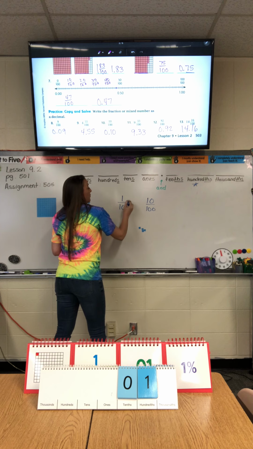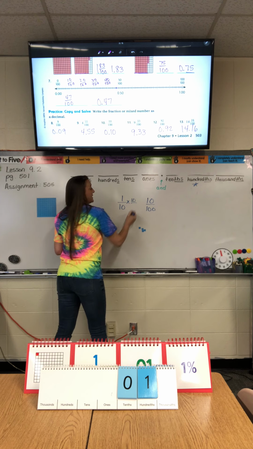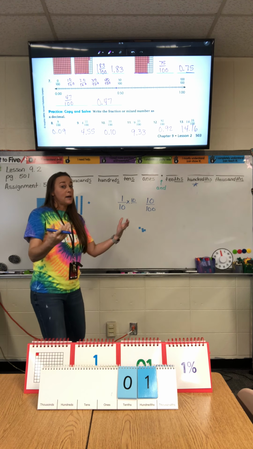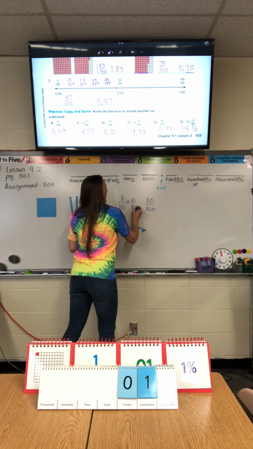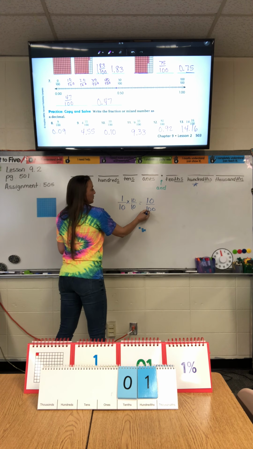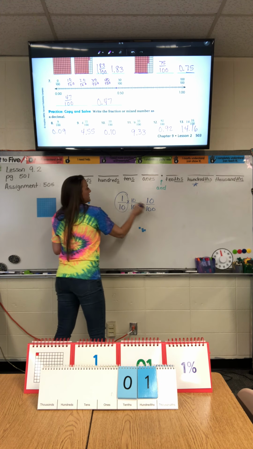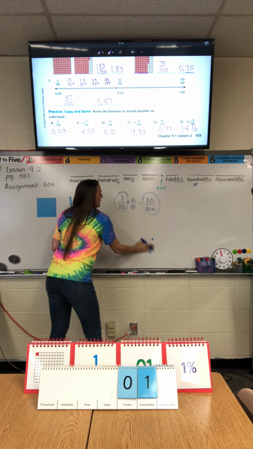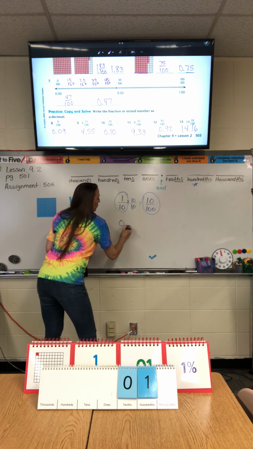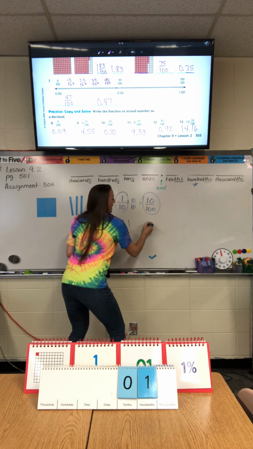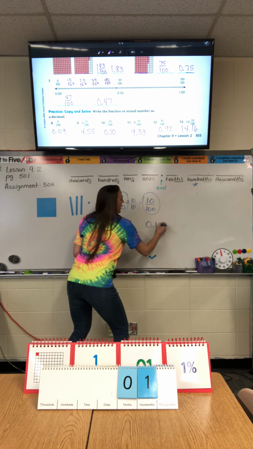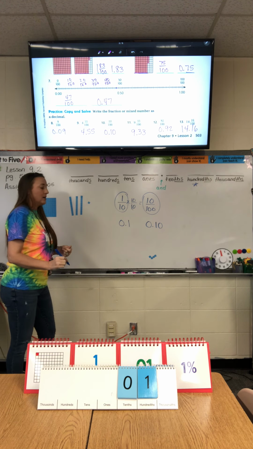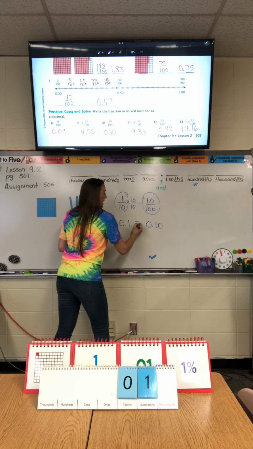You can multiply 1 by 10 to get 10, and remember, if you do it to the top, you do it to the bottom. And 10 times 10 is 100. So that means 1/10 and 10/100 are equivalent, just like 1/10 and 10 hundredths are equivalent, okay?